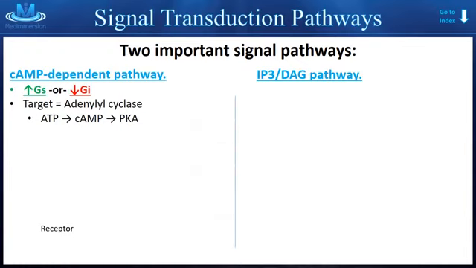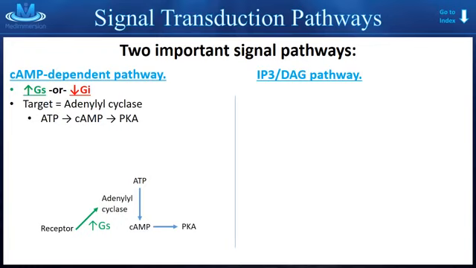So what target enzyme is that? Well, that's adenylyl cyclase. Does that make sense? This enzyme converts ATP into cyclic AMP, and then cyclic AMP goes on to activate protein kinase A, which is an important enzyme in several other metabolic pathways. I'll show you a little bit more detail on protein kinase A in just one second.